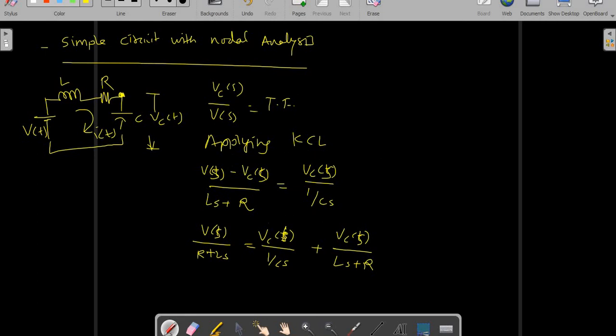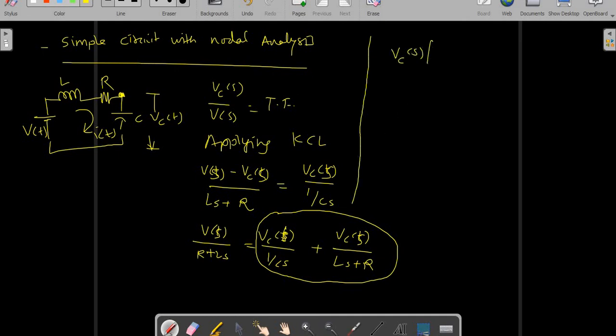Now we need to solve this. How can we do that? Vc(s) in brackets 1/(R + Ls) plus Vc(s) in brackets 1/(1/Cs) equals this V(s) term.